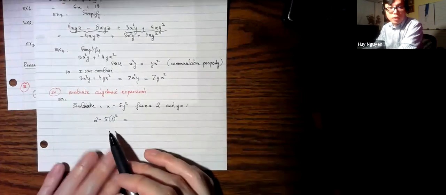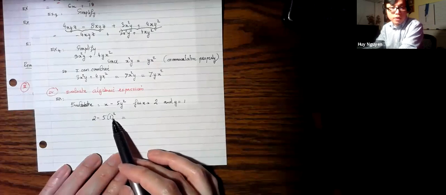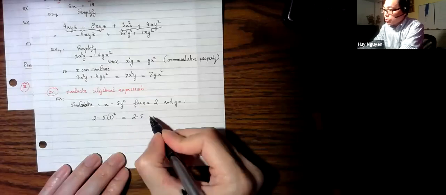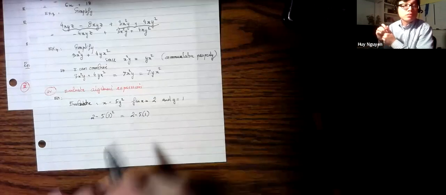If I apply order of operation, remember order of operation we learned last time, we have to do parentheses first, right? The power number. PEMDAS rule. So I'm going to have 2 minus 5, 1 squared. 1 squared is 1. Exponent, right?